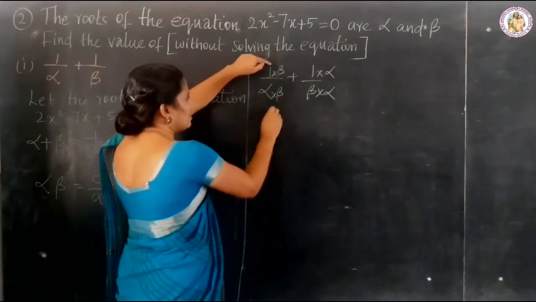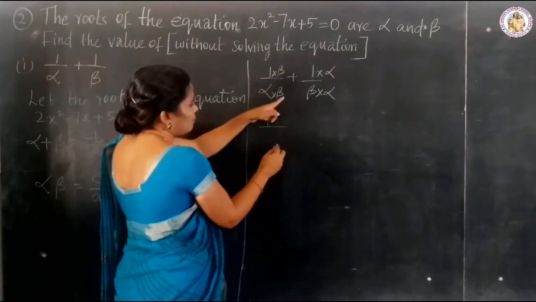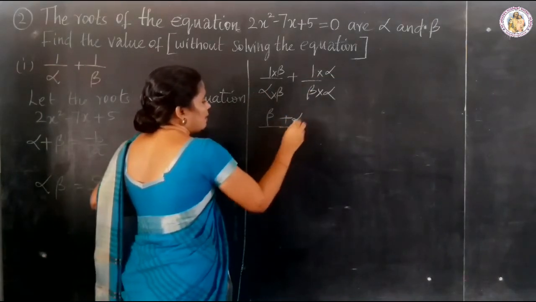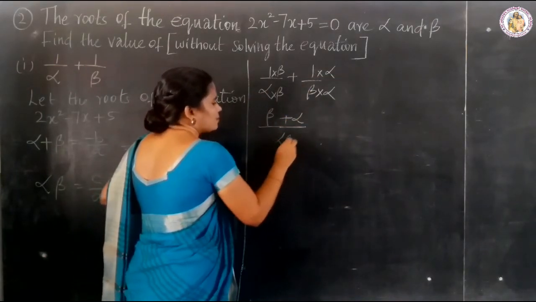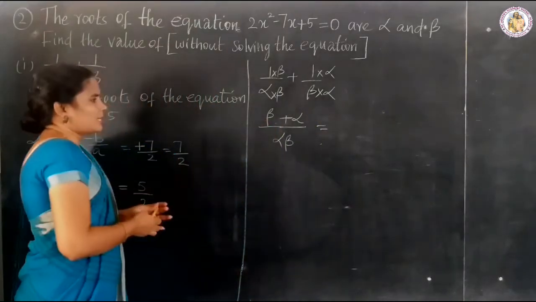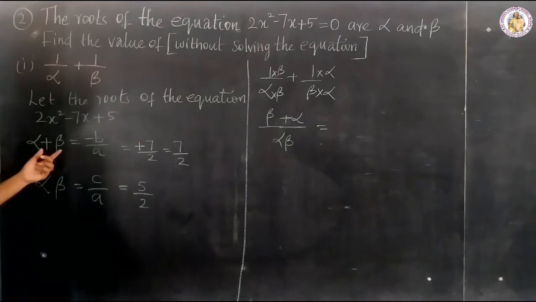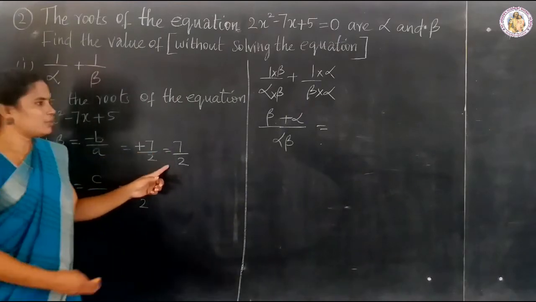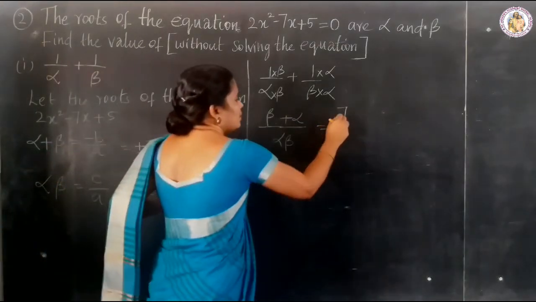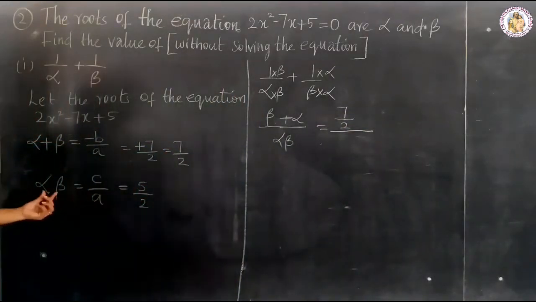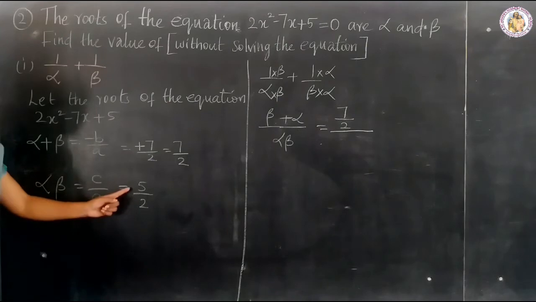So beta divided by alpha beta plus alpha divided by alpha beta. Now you can see alpha plus beta is equal to 7 by 2, divided by alpha into beta, which we have as 5 by 2.